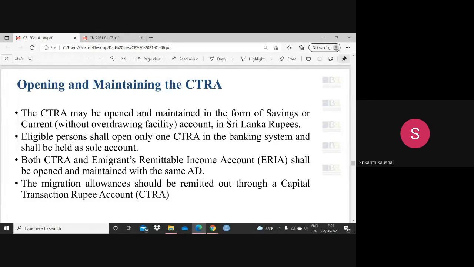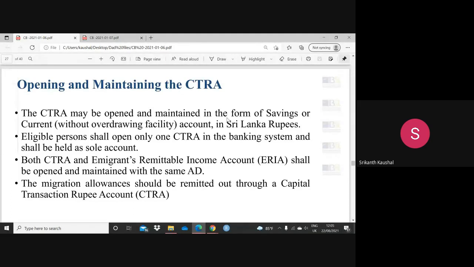What does ERI stand for? Immigrants Remittable Income Account. This is in addition to CTRA. They introduced a new account. Remember, if you have already opened a CTRA, you have to open the ERI also with the same bank. You can't open CTRA with one bank and ERI with another.